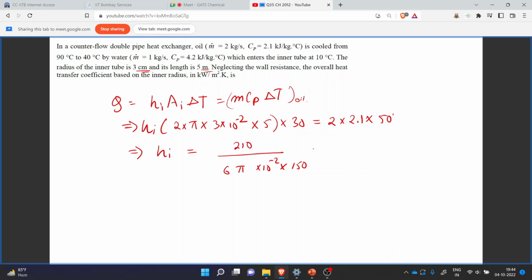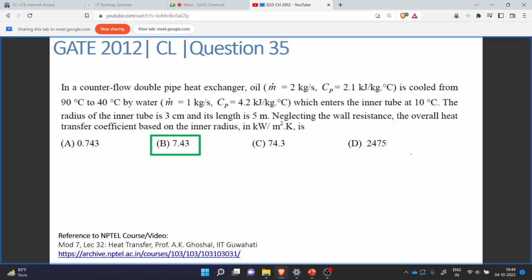So you can equate this and we will get the value of Hi as 7.43. The units will be kilowatt per meter square Kelvin. So the final answer from the given options, we will select it as 7.43 kilowatt per meter square Kelvin, that is option B.